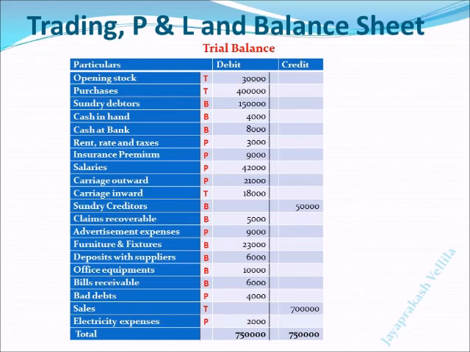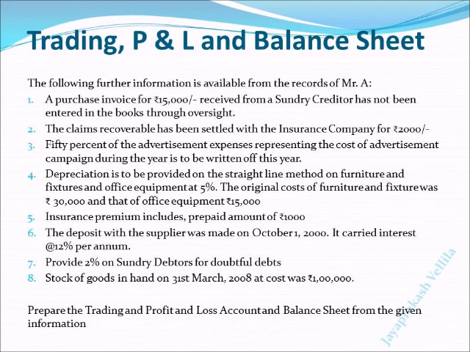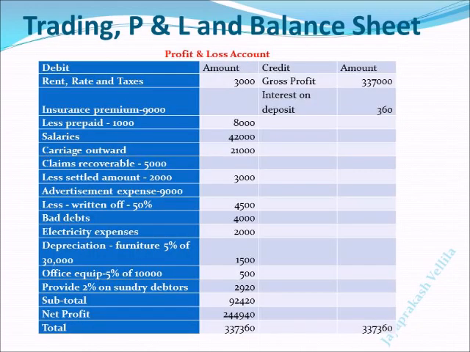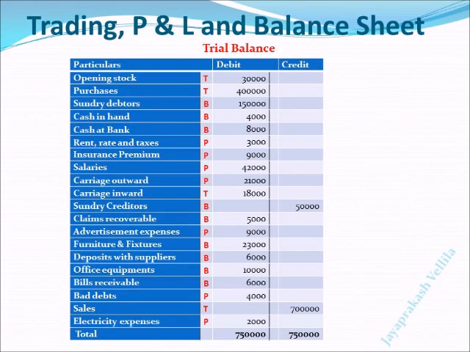However, in the adjustments it is given that, as the fifth item, insurance premium includes a prepaid amount of ₹1000. So we deduct the 1000 from insurance premium, we get 8000. Next, salaries is 42,000. Carriage outward is 21,000.